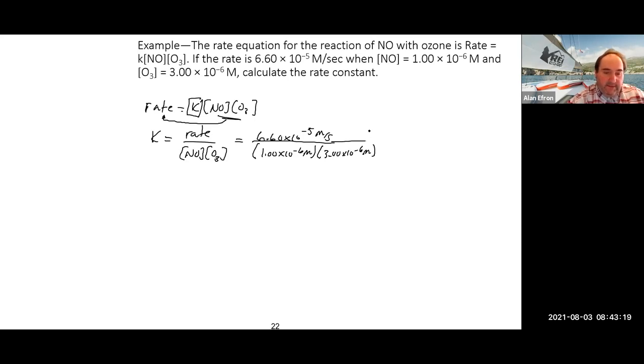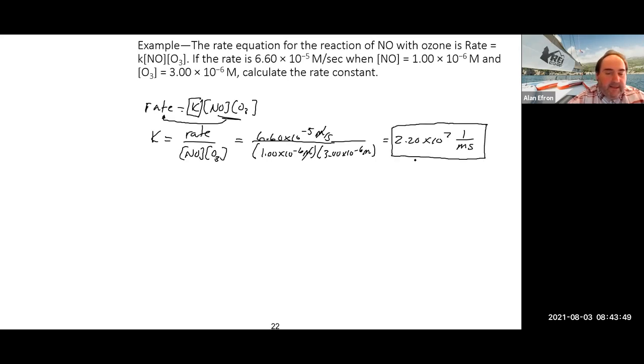We get 6.6 times 10 to the minus 5 divided by 1 times 10 to the minus 6 and divided by 3 times 10 to the minus 6, and we end up with 2.2 times 10 to the 7. On units, molarity cancels, leaving us with 1/molar seconds.